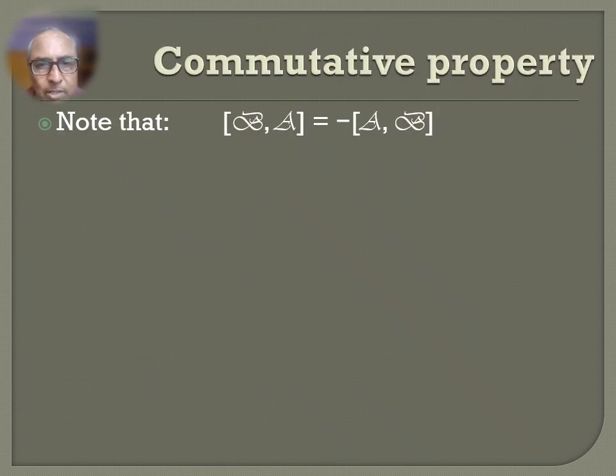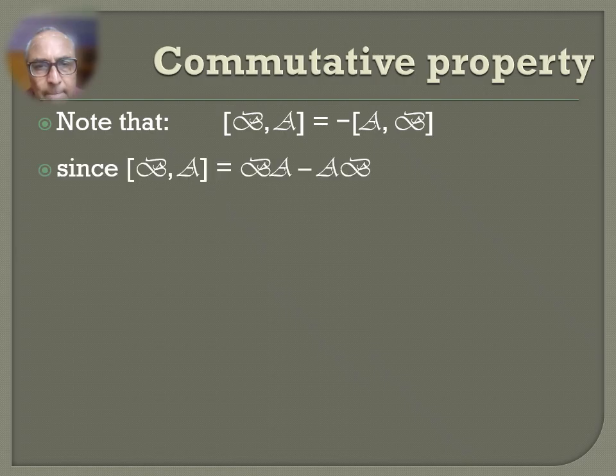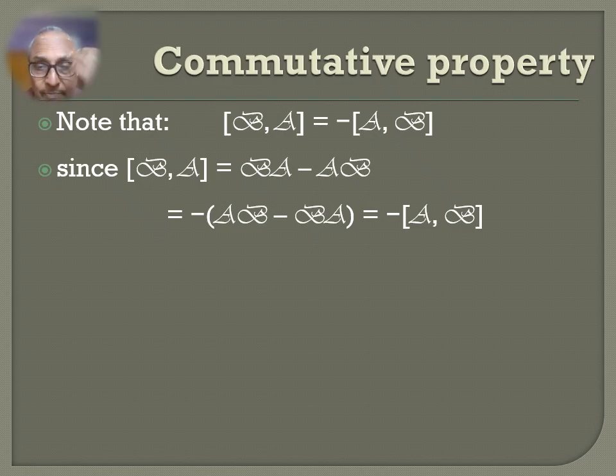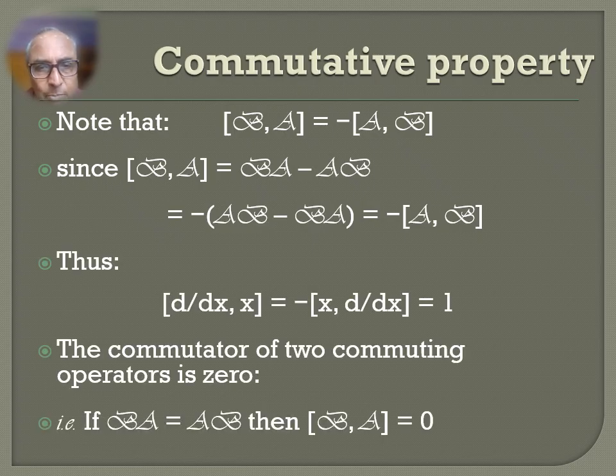Okay. Note that the commutator of B and A is equal to minus the commutator of A and B, since the commutator of B and A is equal to BA minus AB, which is equal to minus of AB minus BA, which is minus of the commutator of A and B. Thus, the commutator of d by dx and x is equal to minus the commutator of x and d by dx, which is equal to 1.